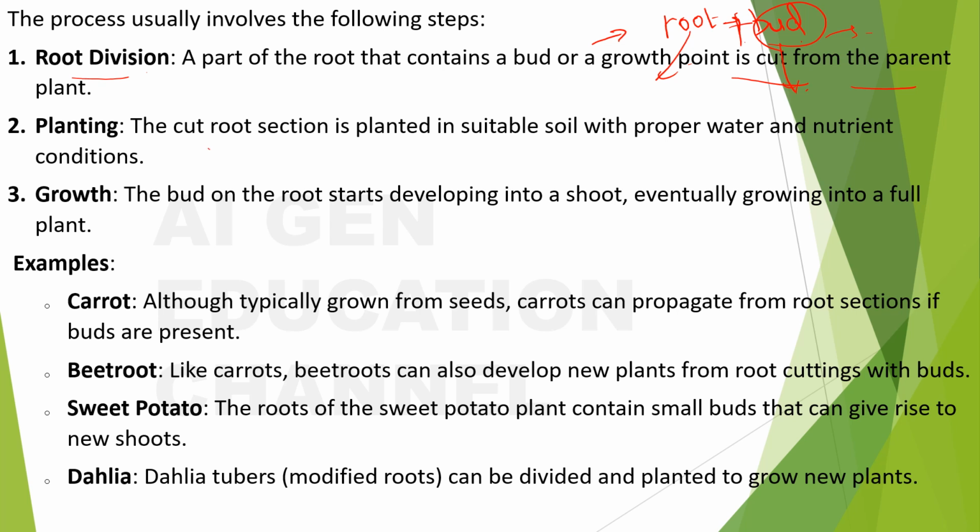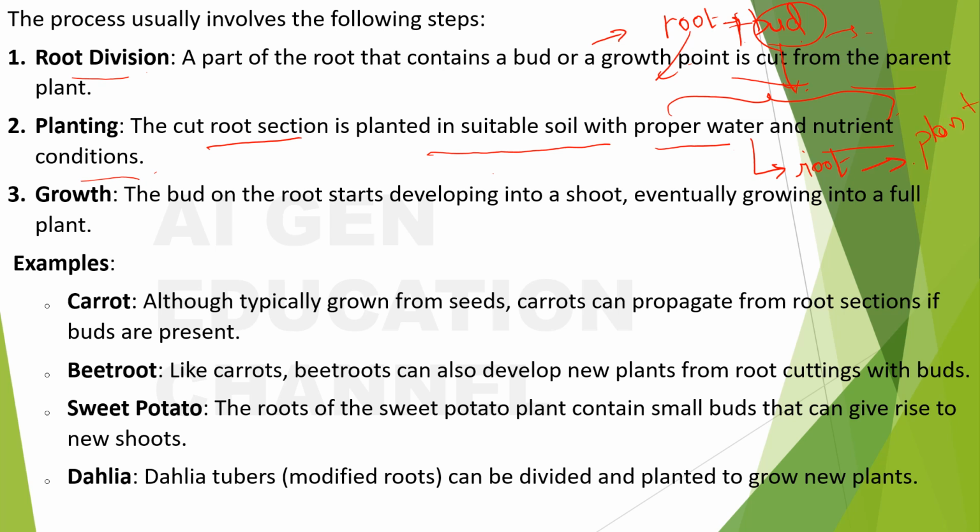Next, planting. The cut root section is planted in suitable soil with proper water and nutrient conditions. So these are the proper conditions, right? Suitable soil, water, nutrients, and if you put this part in these sort of conditions, then there is more probability that it will grow into a plant.